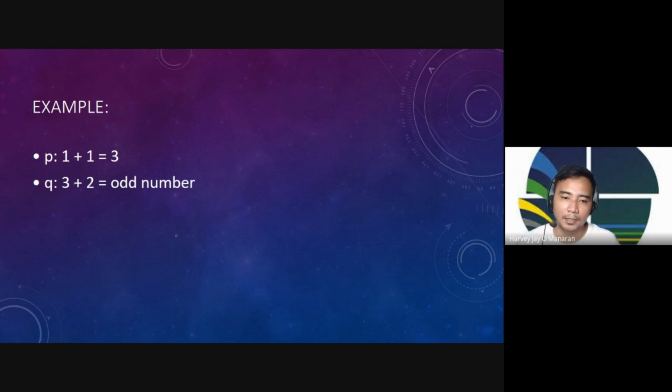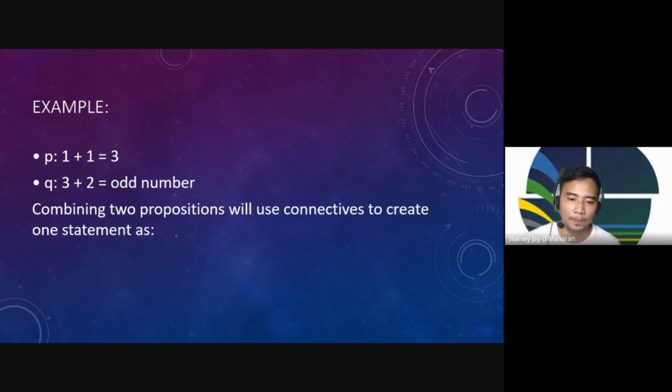So 1 plus 1 equals 3, that is false. 3 plus 2 is an odd number, that is true. Combining two propositions, we will use connectives to create statements such as P or Q, P and Q.